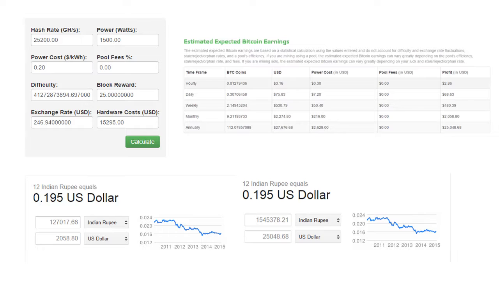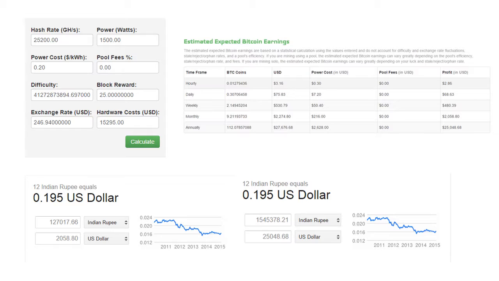So now let's see the results. Hash rate now becoming 25,200. Power consumed by my laptop plus the graphic card ends up to 1500 watts. Power cost remaining the same at 0.29. Exchange rate remaining the same, and hardware cost is $15,295, which I spent to buy the graphic card. Now let's see the results.